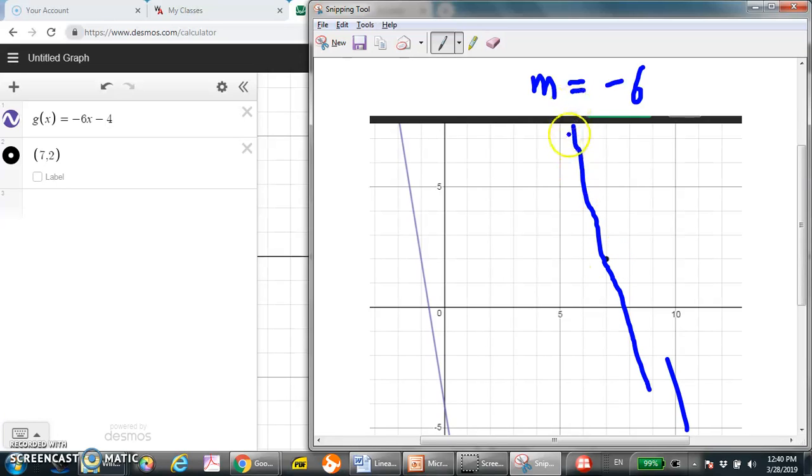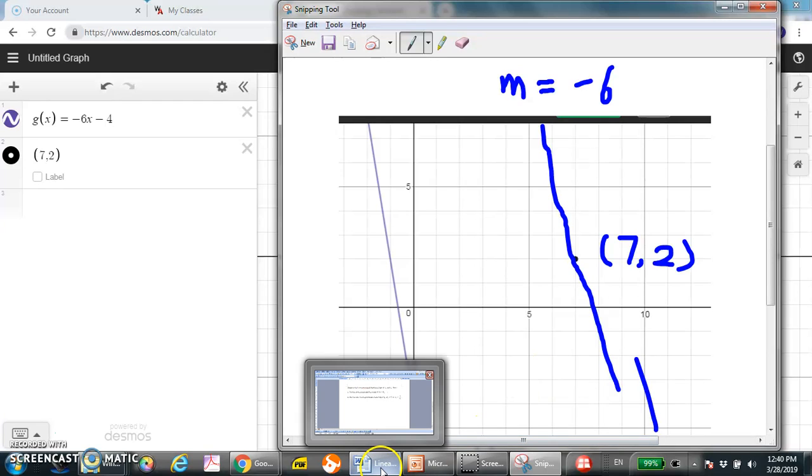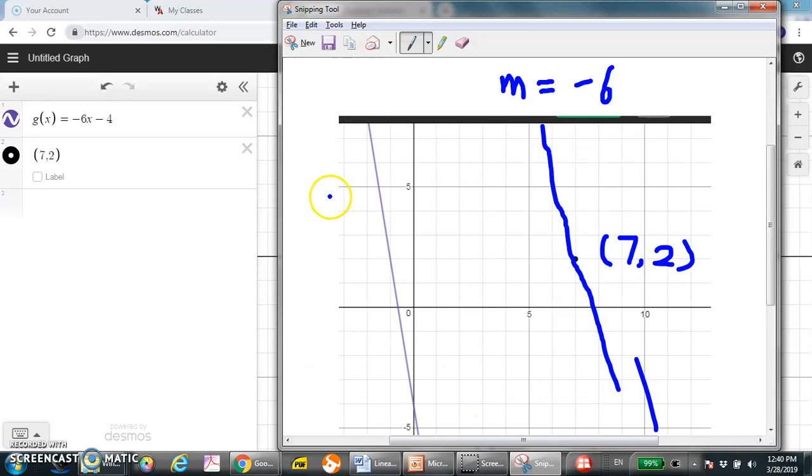And also because this straight line contains the point (7, 2), we can use the point-slope form to find its equation. The point-slope form is y minus y1 equals m times x minus x1.